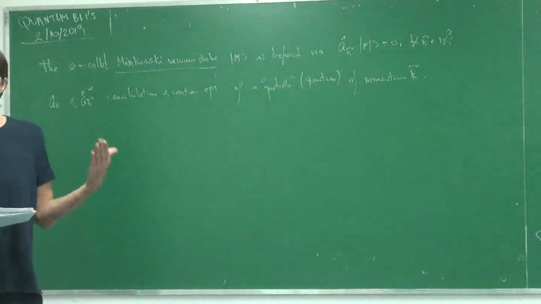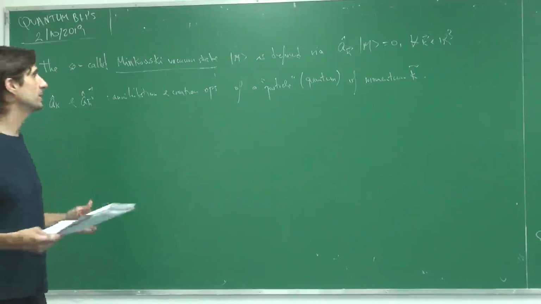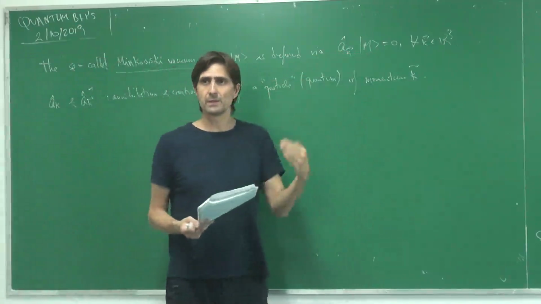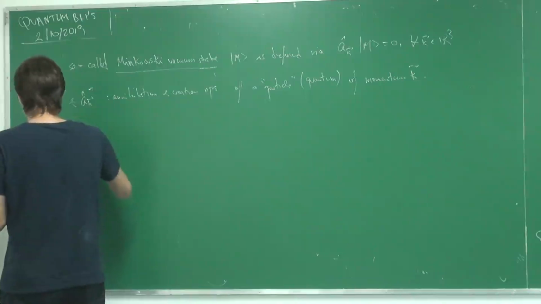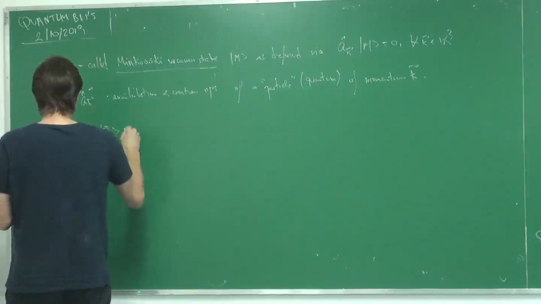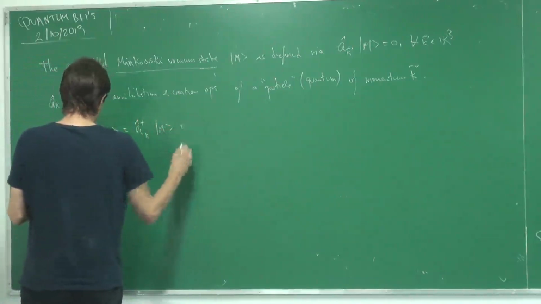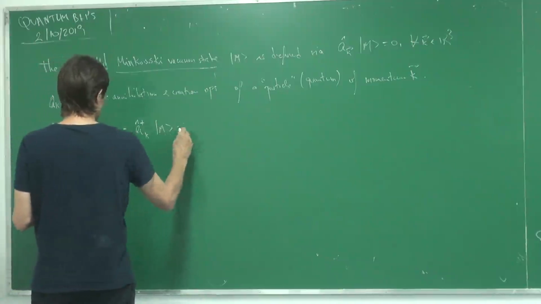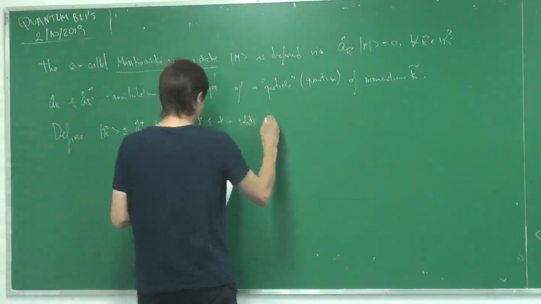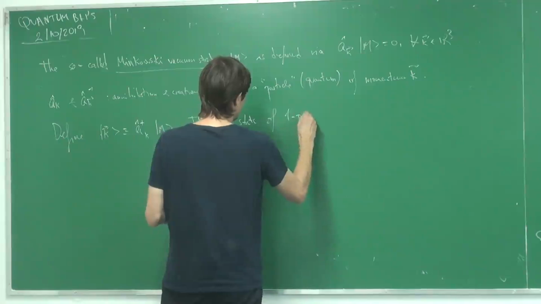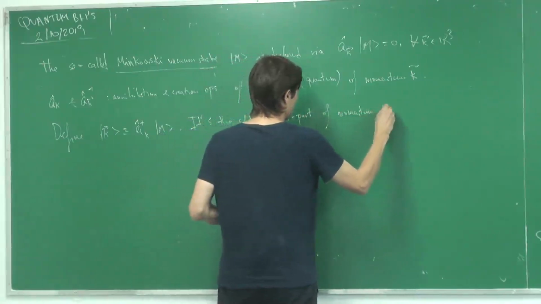We can do as we did for the harmonic oscillator. We can apply the creation operators onto the vacuum and build particle states. So this is the state of one particle of momentum k.